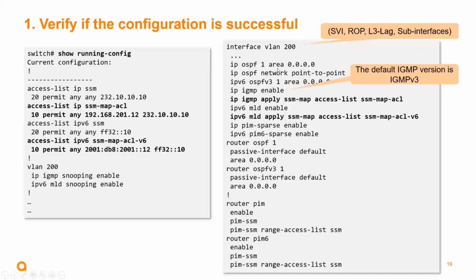And then on the appropriate interfaces, we have the unicast routing protocols configured, and then of course we enable IGMP, which by default is IGMP version 3 when we enable it on the interface. And then we have sparse mode for multicast enabled. With all that working appropriately, then we apply the IP IGMP SSM-Map access list and the name of that ACL, right? So everything needs to be operational for this piece to really work.